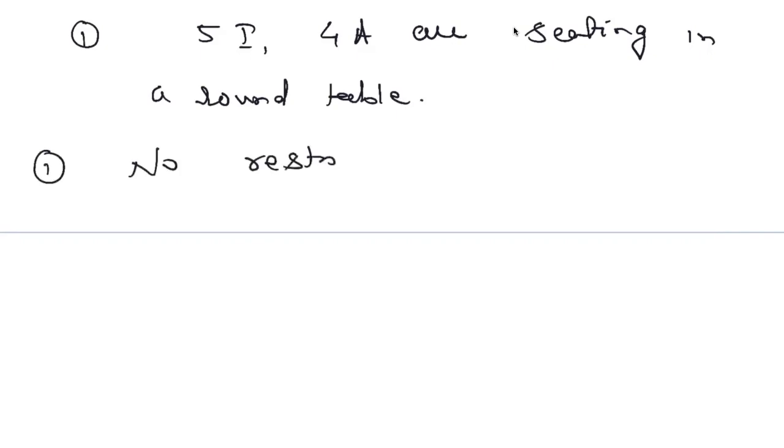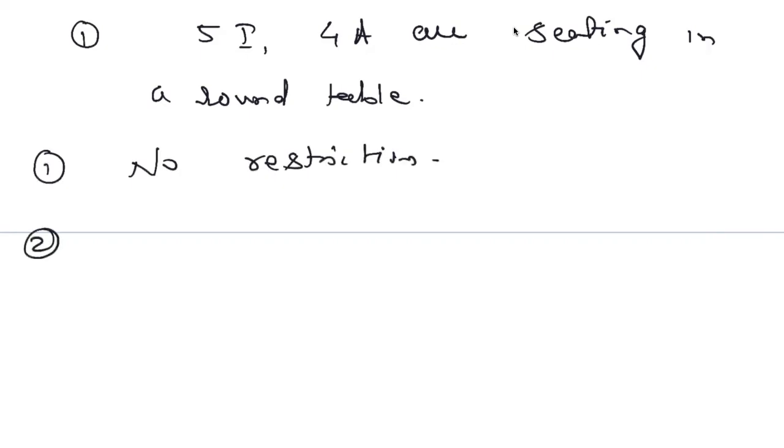So starting with the first: 5 Indians and 4 Australians are sitting at a round table. First condition, no restriction.